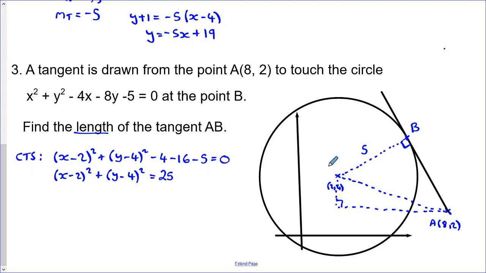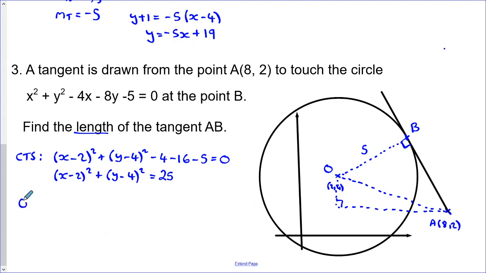This is the centre of the circle, call it O. We can find the length of OA using Pythagoras on this lower right angled triangle. Once I've got OA, I can then use Pythagoras again on this right angled triangle to find AB.